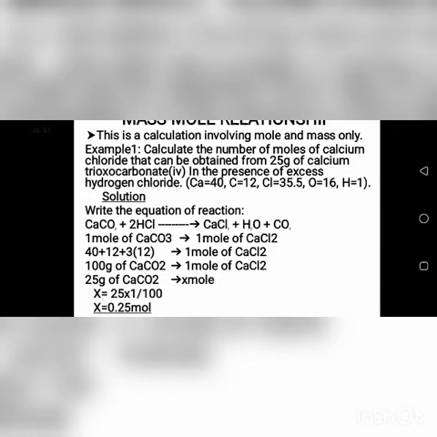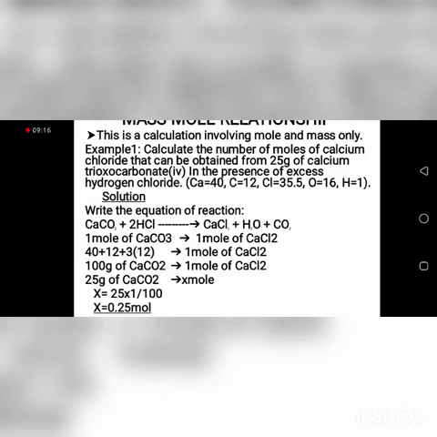Because the question says 25 grams of calcium carbonate, we have to convert calcium carbonate to molar mass. Calcium is 40, carbon is 12 plus O3, that means 3 times 16 for oxygen.